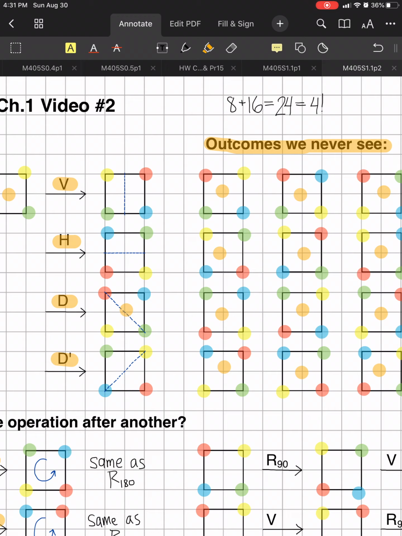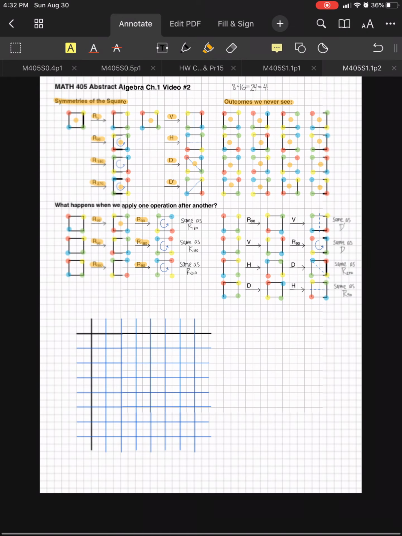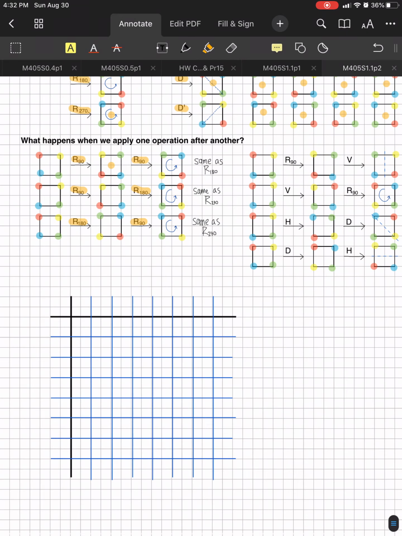Then once we've used one, we only have 3 options for the next spot, then 2 options for the spot after that, and then 1 option remaining. So 4 times 3 times 2 times 1 is why we have 24 total options. Anyway, that's why that is.